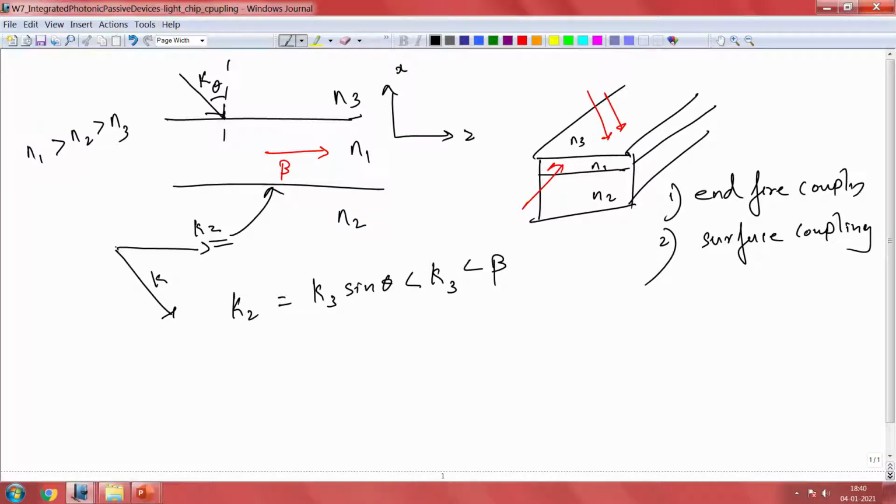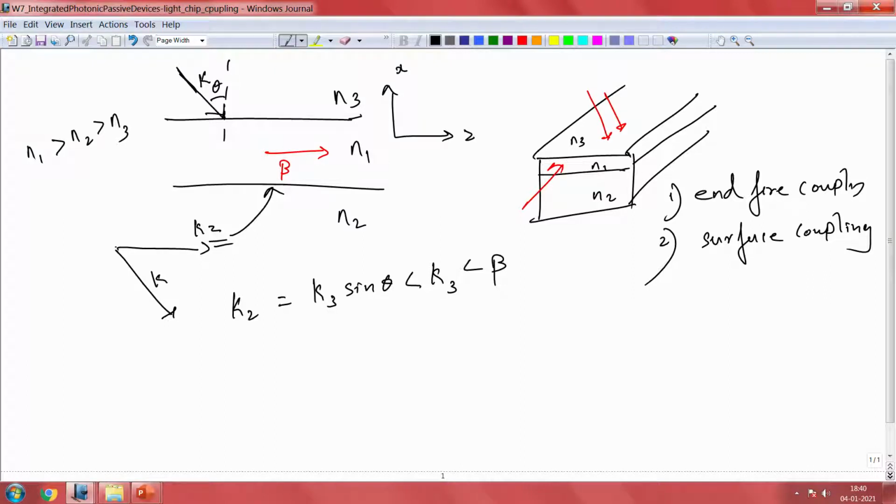Just by shining light on top of this surface, you will not get the required propagation constant here. You can quickly do the calculation.